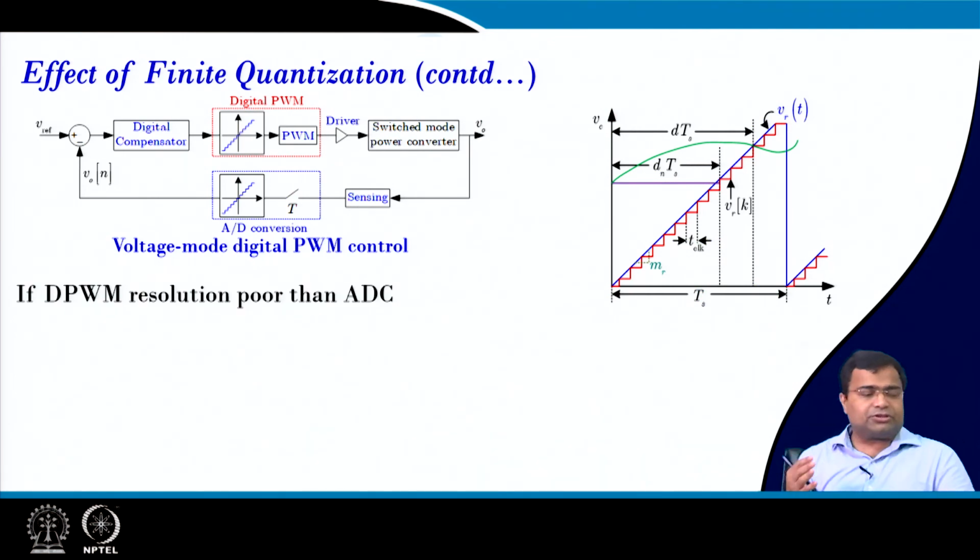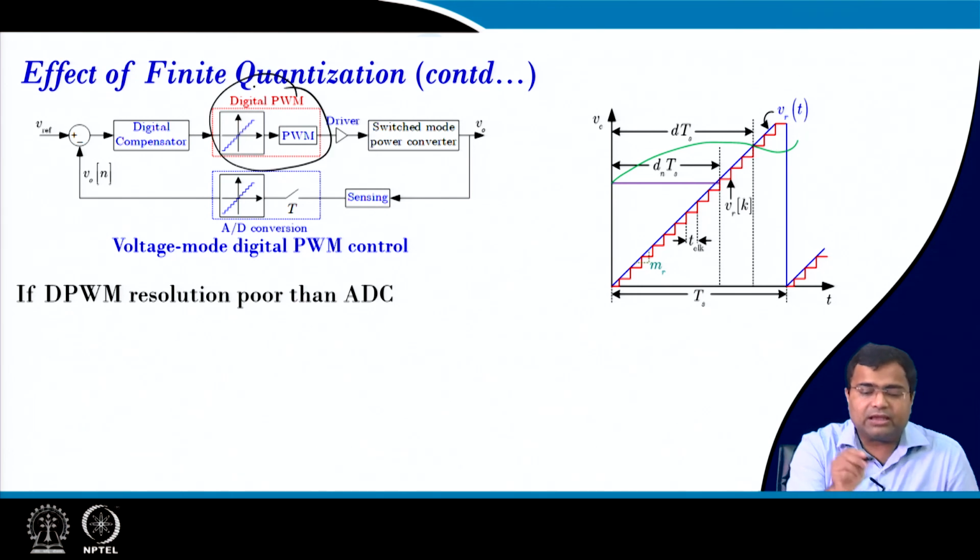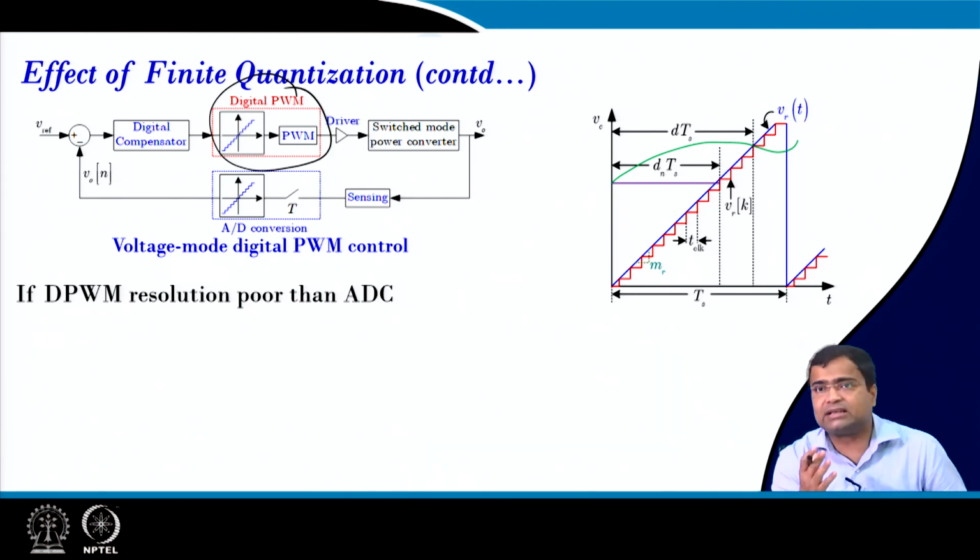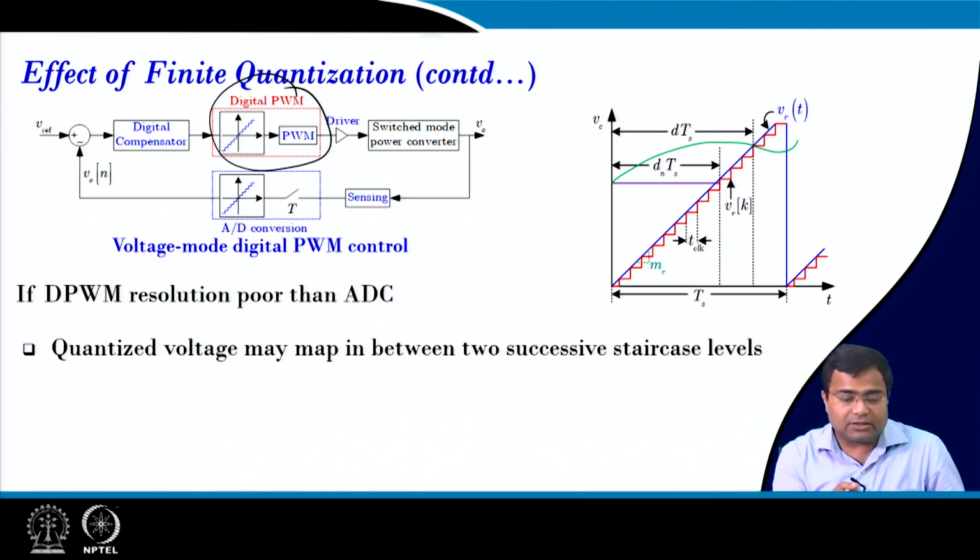Next, if the duty ratio resolution is poor, that means the resolution of the DPWM block is poorer than that of the ADC, and we will discuss in detail, then this quantized voltage level may not be inside the zero error bin.